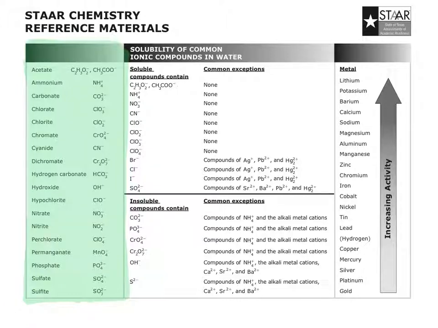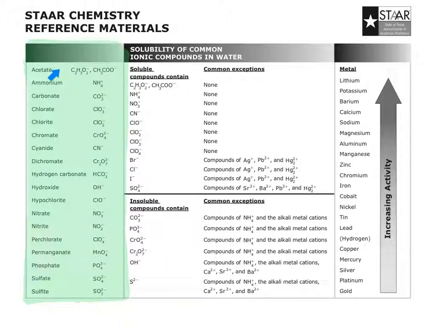Okay, so now that you've got your periodic table and you flipped to the back where all these polyatomic ions are, you'll notice that there's an entire list of them. Okay, from acetate all the way down to sulfite. All right, now with the exception of acetate, every other polyatomic ion has one formula.